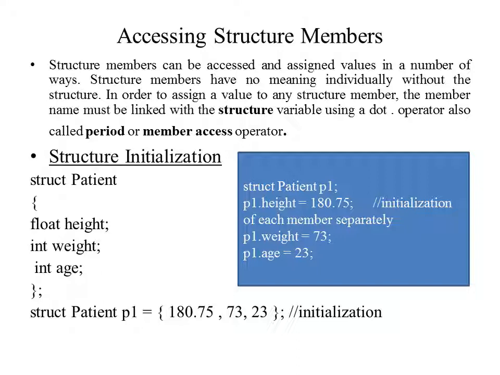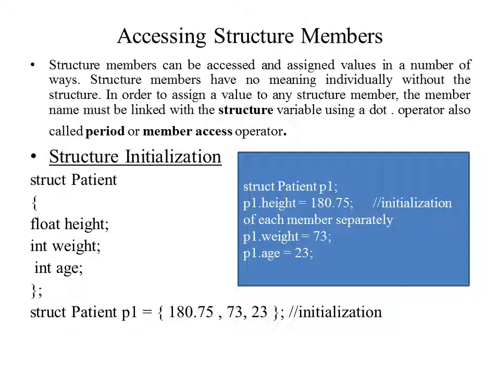Please focus, the dot operator, or period operator, is also known as the member access operator, because all these are structure members, and to access these members we use this period operator. So p1 dot height is equal to 180.75, p1 dot weight is equal to 73, p1 dot age is equal to 23, and the method shown in the blue box is more preferred over the direct initialization in coding.